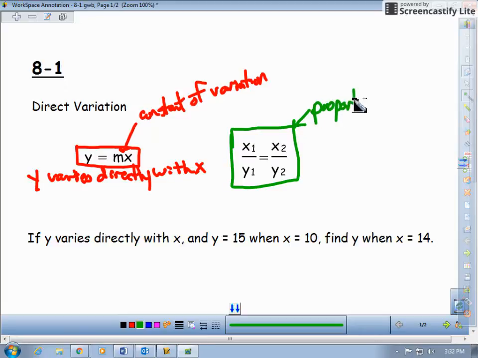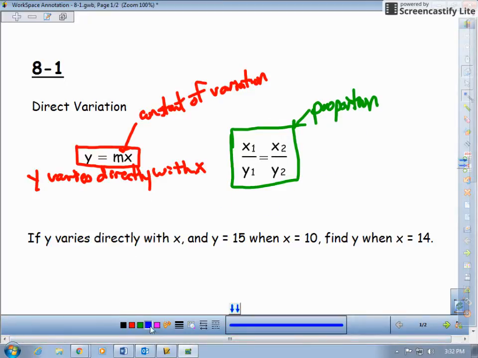Now, for this, you're not finding the constant of variation, but if they don't really ask you for the constant of variation, this is almost probably easier. So I'm going to do both for a while, but then definitely when I get to the story problems on page 2, I'll probably just do the proportion.